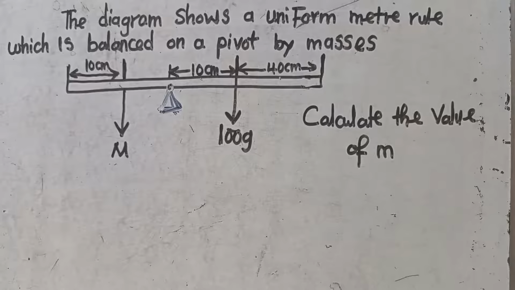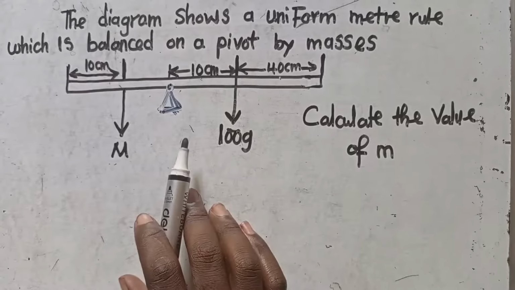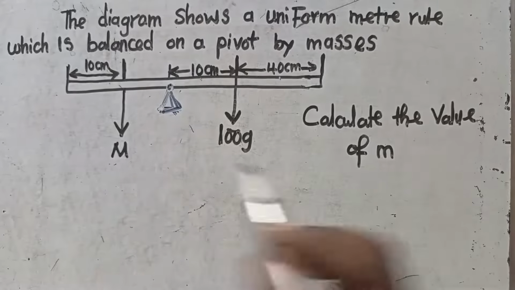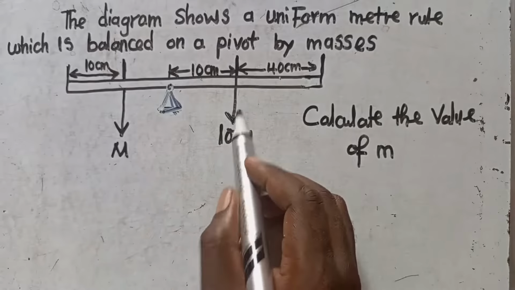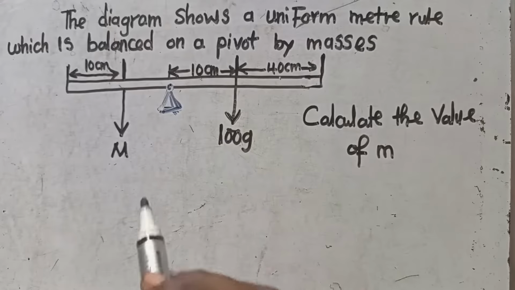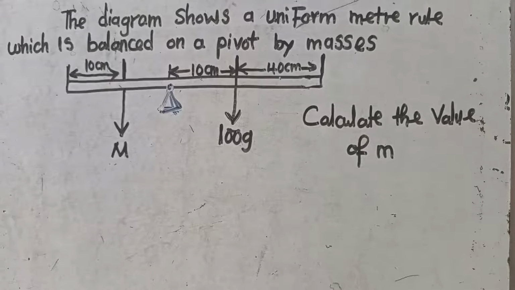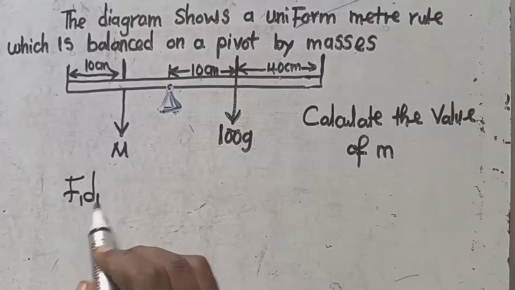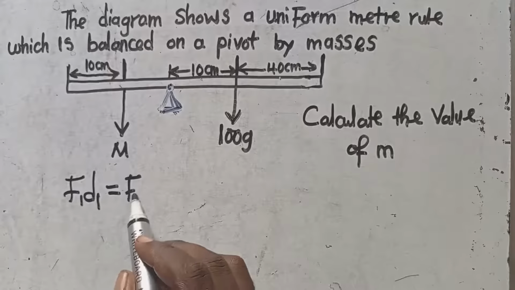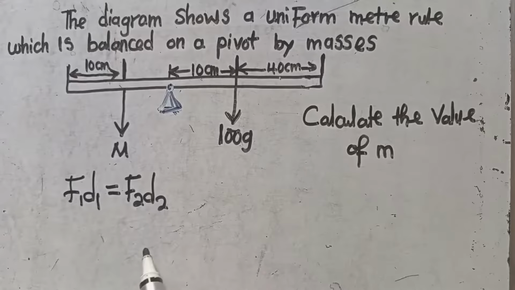This is something so simple. For me to calculate the value of m, which is here, I'm going to use the masses I'm given. I want to introduce another formula; I guess some of you have not seen it before. The principle of moments states that the moment in the clockwise direction is equal to the moment in the anticlockwise direction.